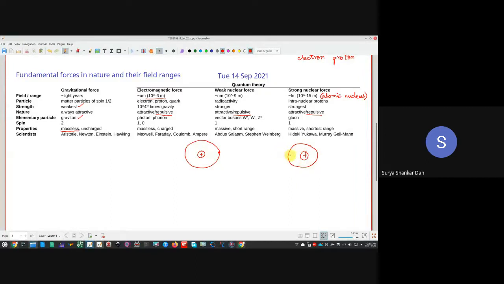If these atoms are very far off, then what are the various forces which will be acting? One will be electron-electron repulsion. This is force number one. Correct? Now force number two will be nuclear-nuclear repulsion.